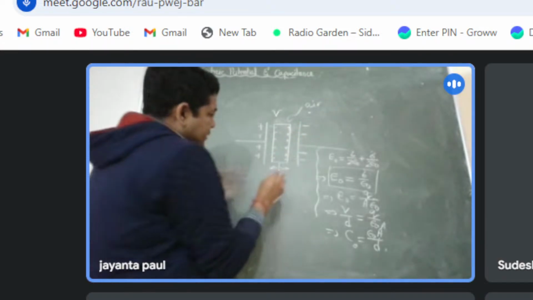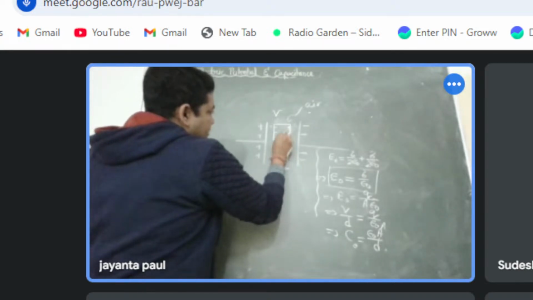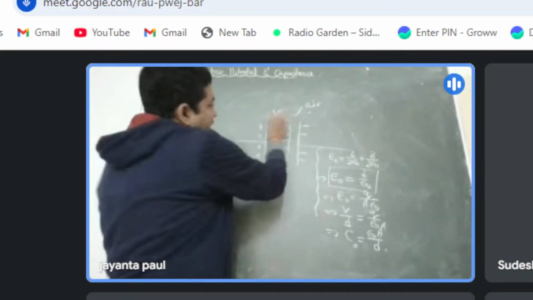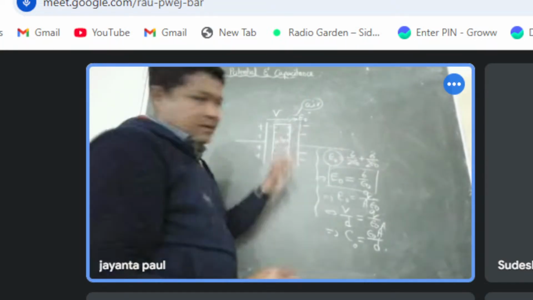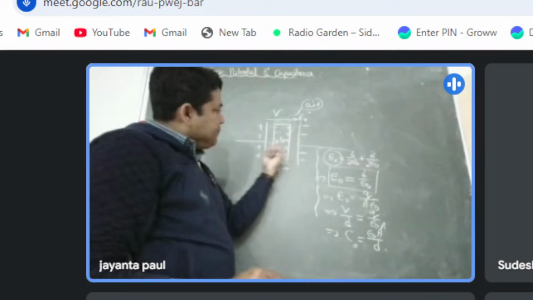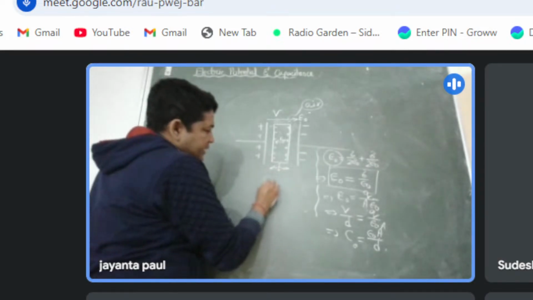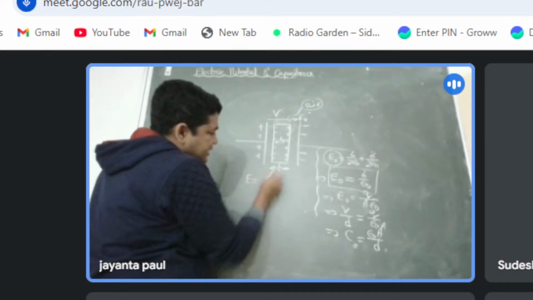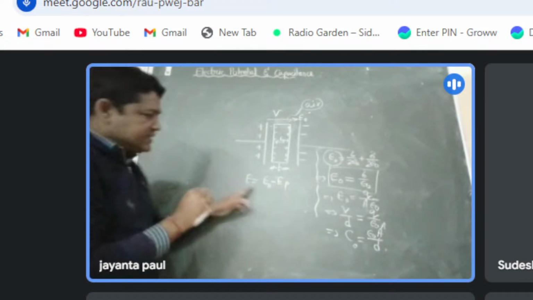Because of this dielectric, a net electric field, which is called polarized electric field, is developed within the slab. But outside, the electric field is E0. This EP is developed against E0. As I said, EP is very less than E0. So the net electric field E is equal to E0 minus EP.